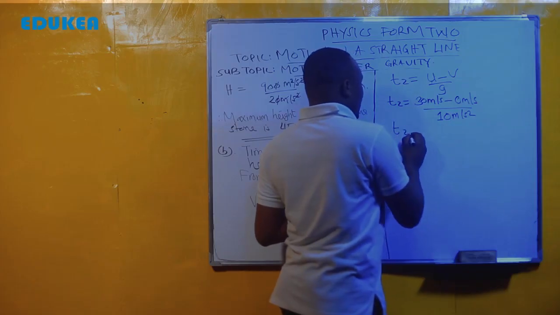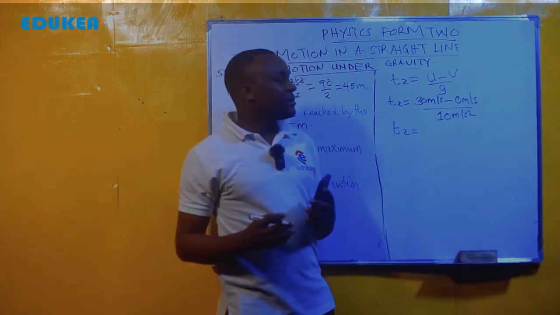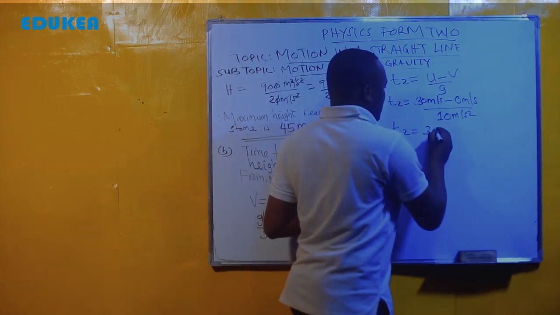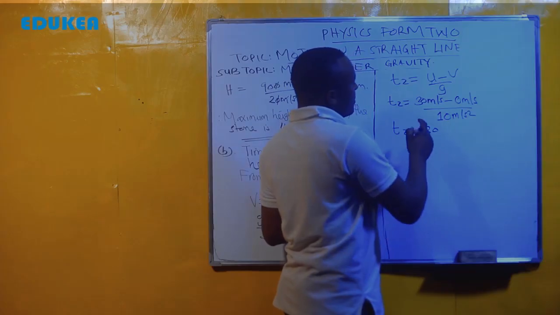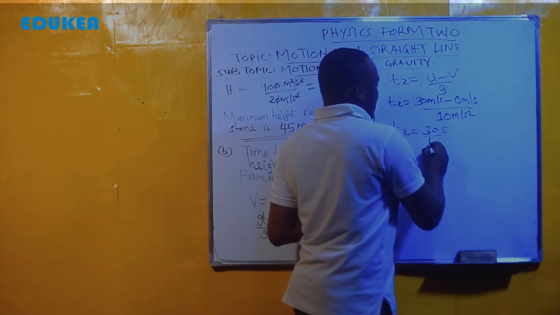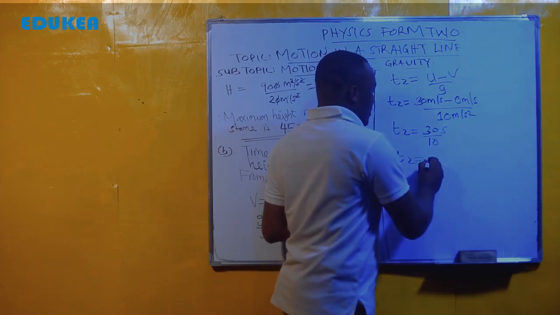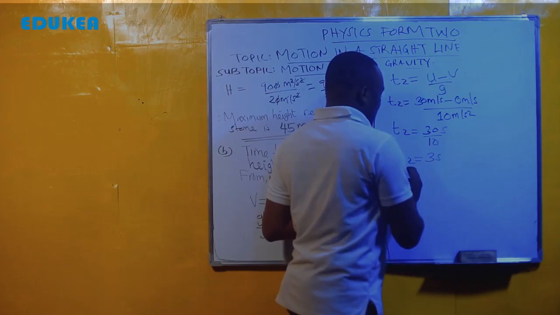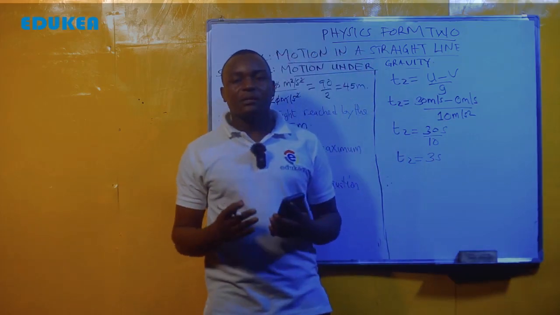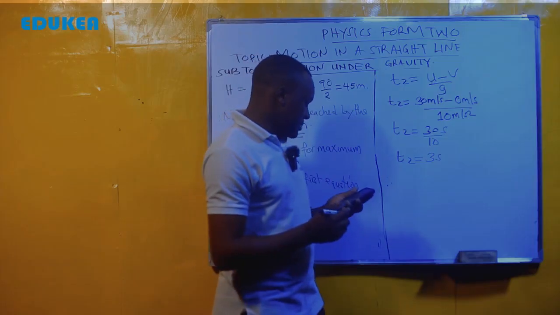Kwa time to reach the maximum height itakuwa ni 30, kwa sababu mita na mita zitapungua, kwa hapa tutabaki na second, tukigawanya kwa ngapi? Kwa 10. Kwa time to reach the maximum height will be equal to 3 seconds. Kwa hiyo utaconclude kwamba time to reach the maximum height was 3 seconds.